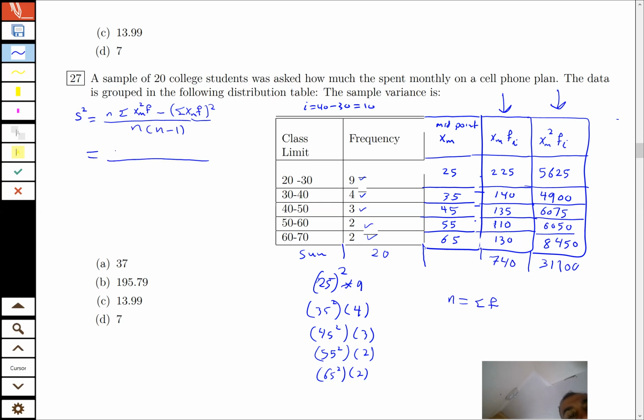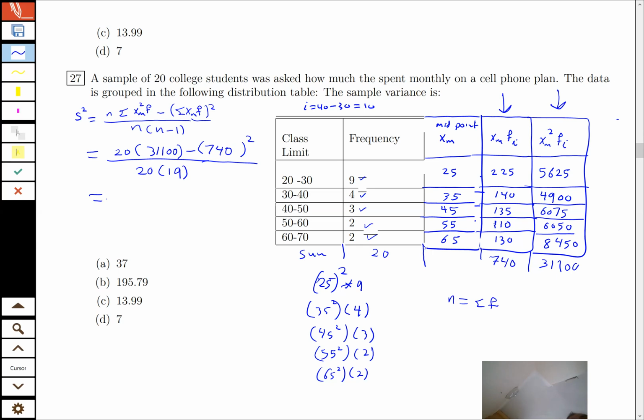So that will be 20 times 31100 minus the square of 740, divided by 20 times 19.